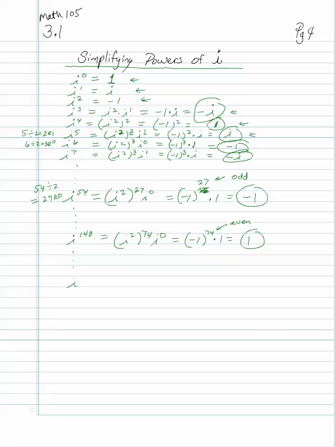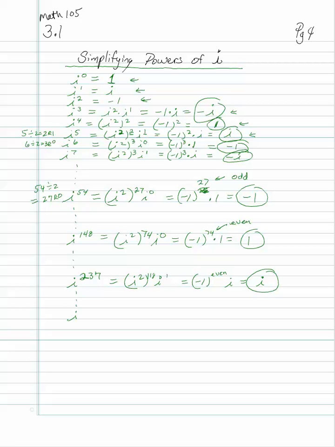Okay, let's say i to the 237. 237 divided by 2 is 118.5, so that's 118 remainder 1. So that's going to be negative 1 to an even power times i, which is 1 times i, which is just i.